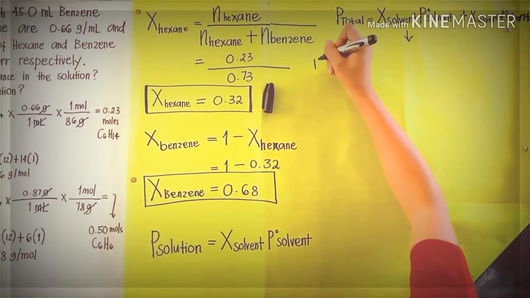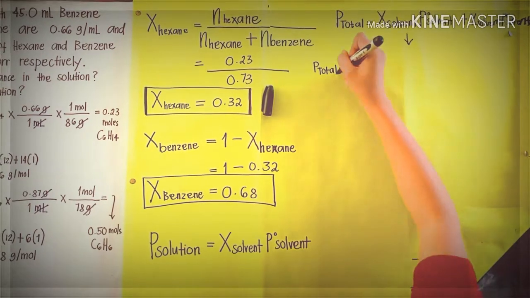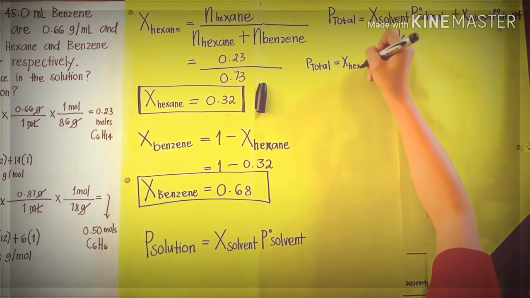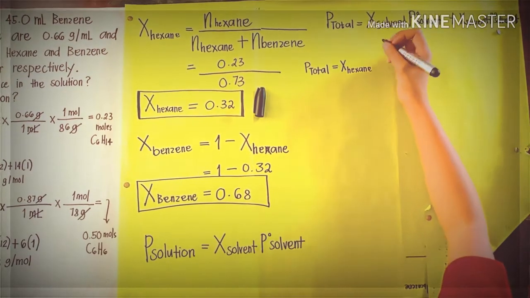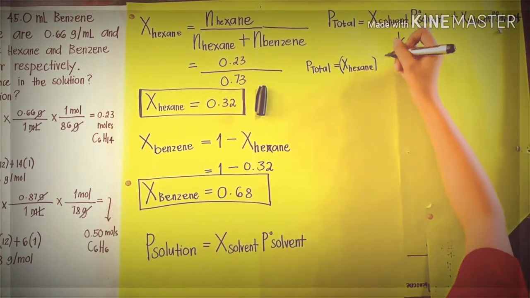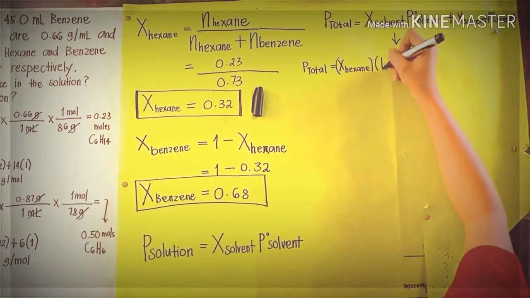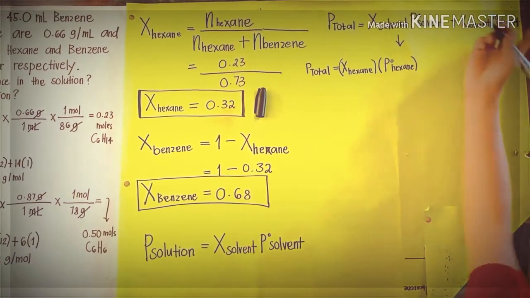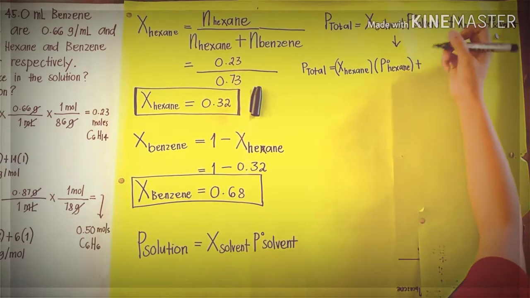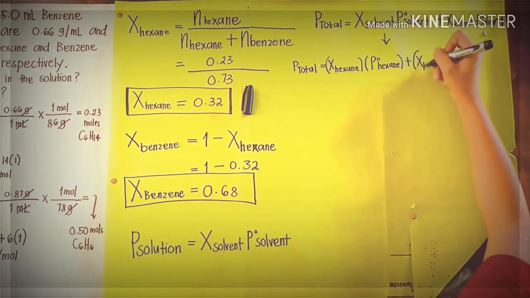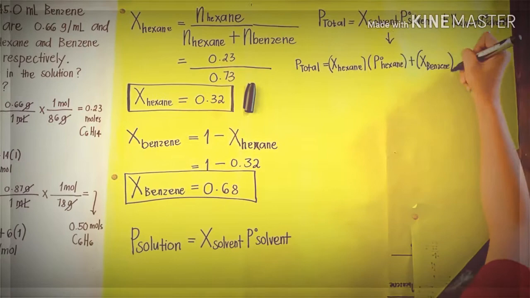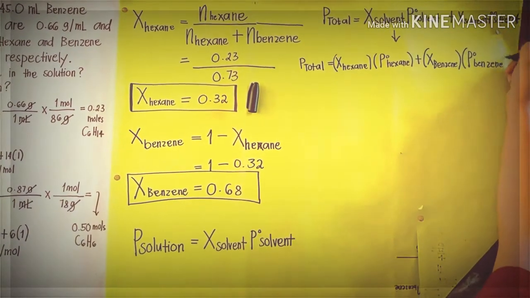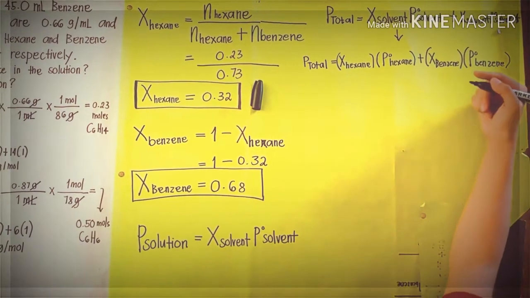So this equation equates to: total vapor pressure is equal to the mole fraction of hexane times the standard vapor pressure of hexane, which is already given in the problem, plus the mole fraction of benzene times the standard vapor pressure of benzene, which is already given in the problem.